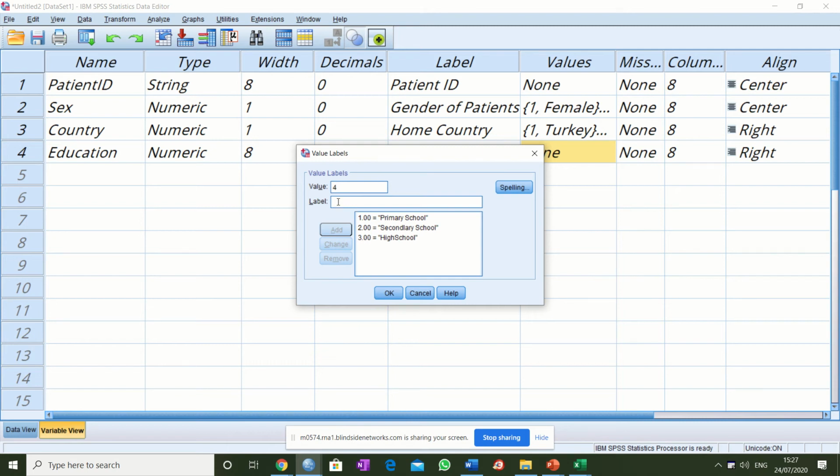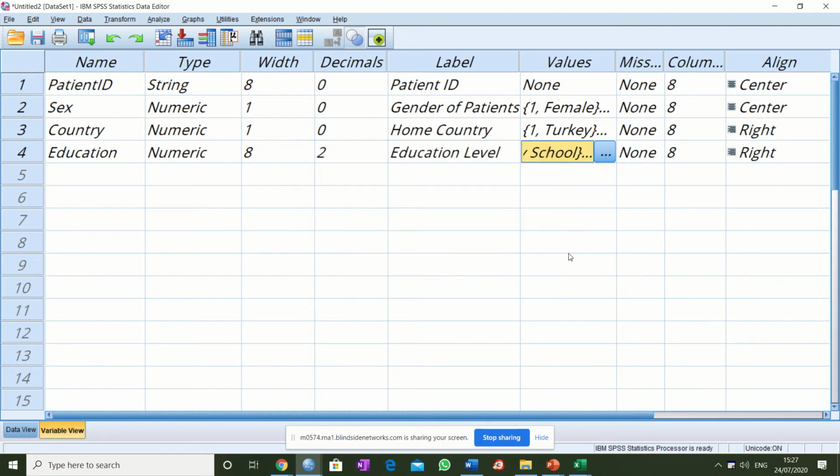I can write university, or bachelor's level. I can write bachelor's degree. It's the same as far as I know, what I mean.